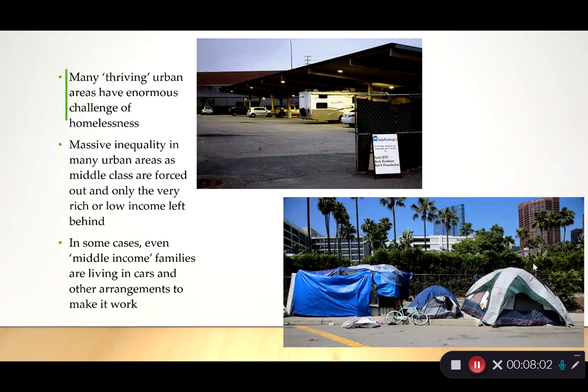The economic homeless are those who could be making a middle class income in places like San Francisco, New York City, other expensive cities like that, but simply can't afford a place to live because the housing market is so distorted and so expensive.